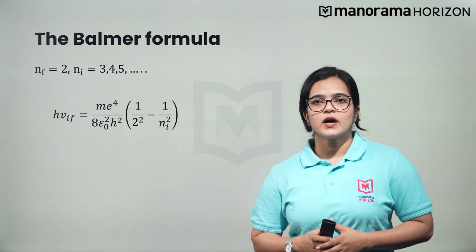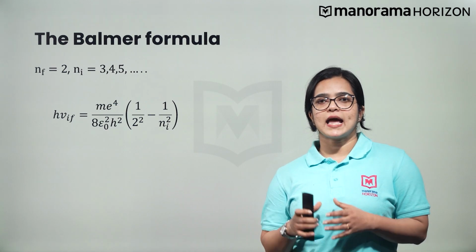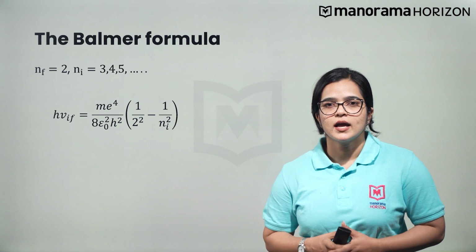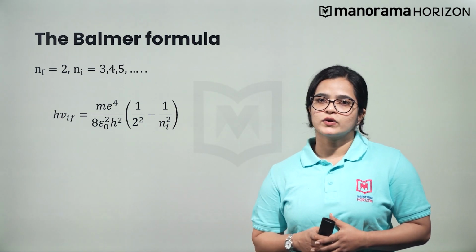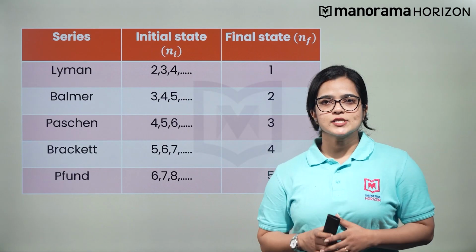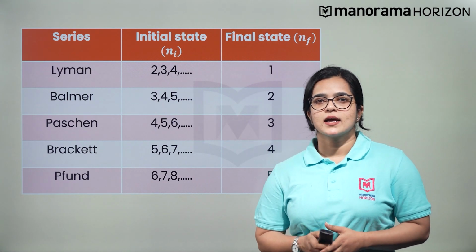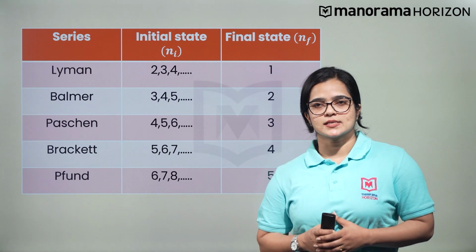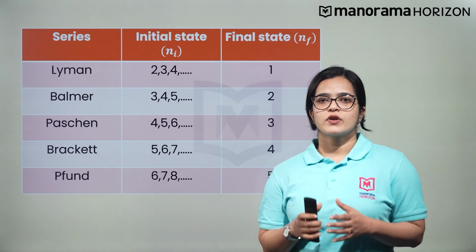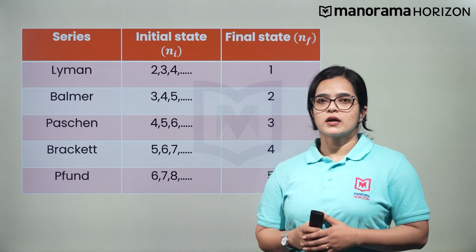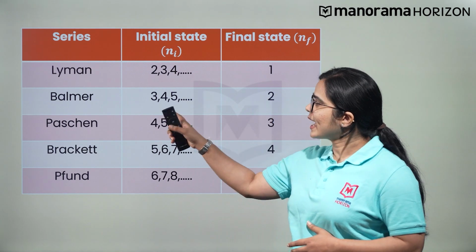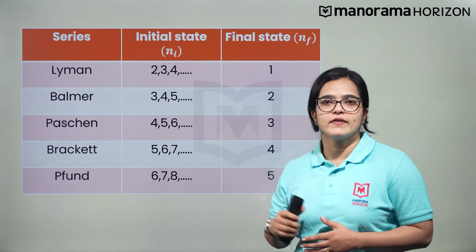In this relation of the Rydberg formula, if we take nf equal to 2 and ni equal to 3, 4, 5, etc., it reduces to the equation for the Balmer series. The transition between different atomic levels results in light radiated in various discrete frequencies. As we have already mentioned, for the hydrogen spectrum, the Balmer formula corresponds to nf equal to 2 and ni can have values from 3, 4, 5, etc.